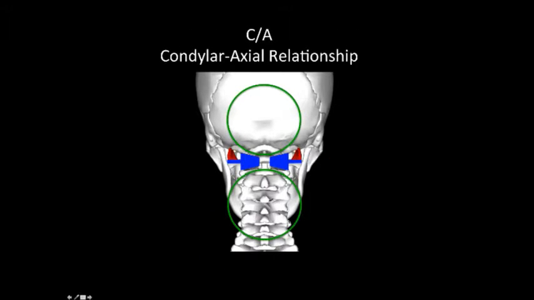And so when we look at the C over A, or the Condylar-Axial Relationship specifically, in this example I'm showing where the circles are equal, and this is just for simplicity's sake. We have a calculation. Since this is an anatomical constant for the patient, the diameter of these two circles does not depend upon the patient's misalignment, or the structural shift of the atlas.